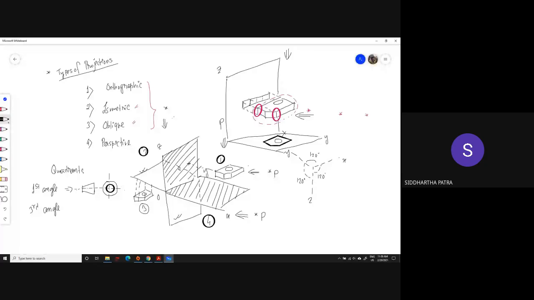Instead, if I had drawn something like this, again both solid circles, that would represent that whatever I'm seeing from the left, I'm drawing on the left.